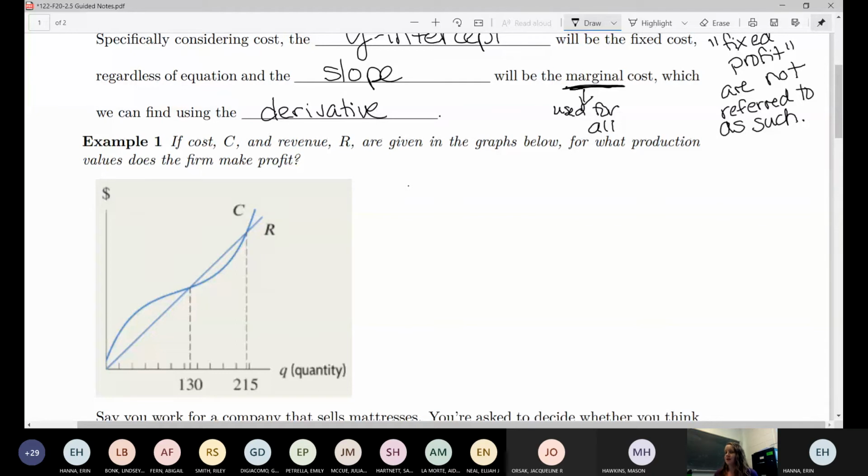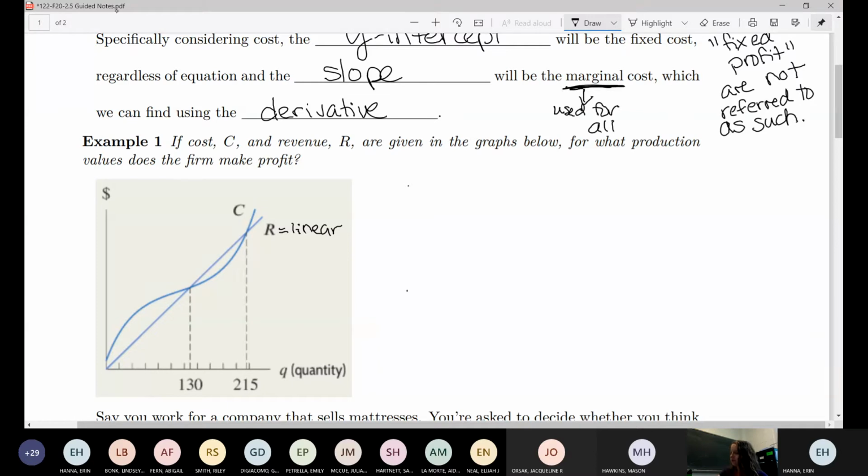Say we have this question here where we have the cost and revenue functions graphed for us. Now the revenue one is the linear one, the straight line. I think the labeling is a bit ambiguous, but the straight line is the revenue and the curvy one is the cost. And say I want to know what production values make the firm profit. Like when do they actually start making money?